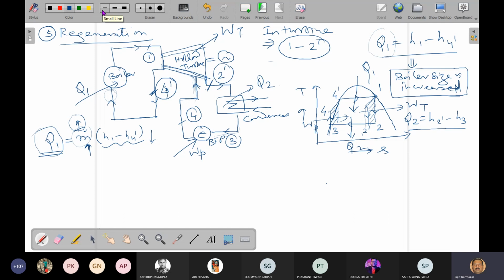Okay. Now, in this case, if you see the diagram, it is very clear that the slope of line 1 to 2 dash is identical, and 4 and 4 dash to 3 are identical. So that's why I have put the hatch line. So the area, you can put it this way also. Just extend this line here.